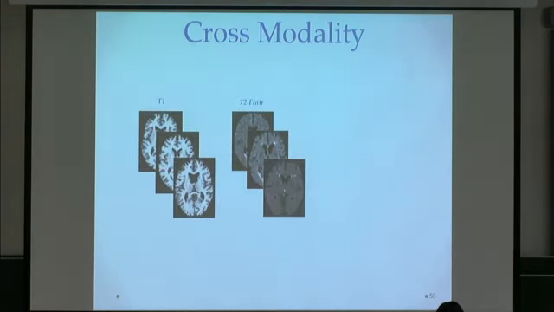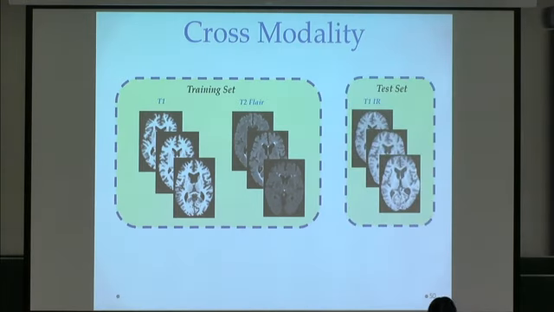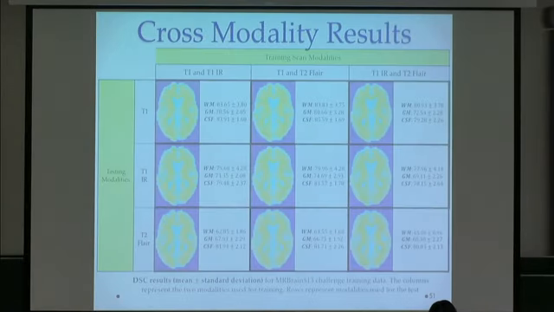So what is the main idea? Suppose that we have a training set. This training set consists of T1 and T2 FLAIR images. Suppose that our test is T1 IR. We can use the training in order to do the atlas, and then apply the test on the classifier.